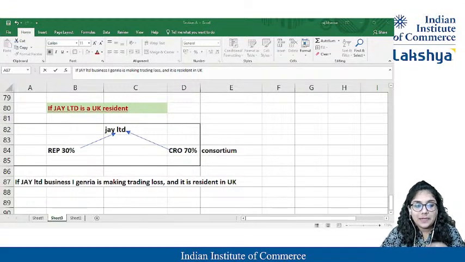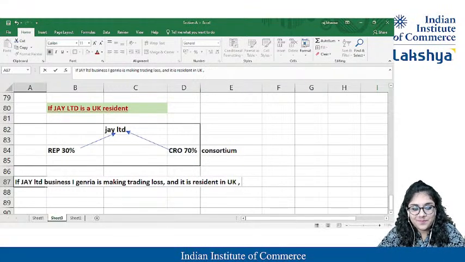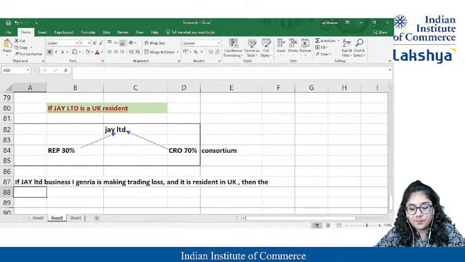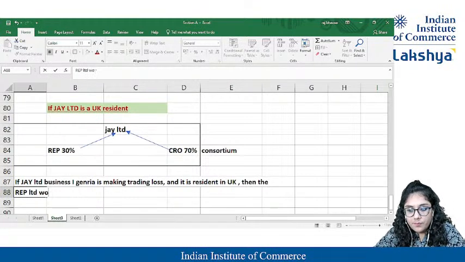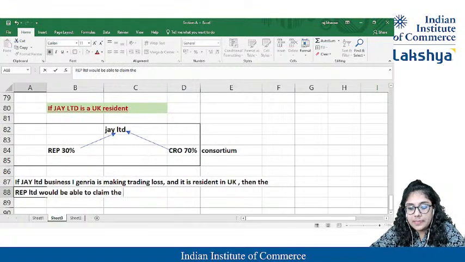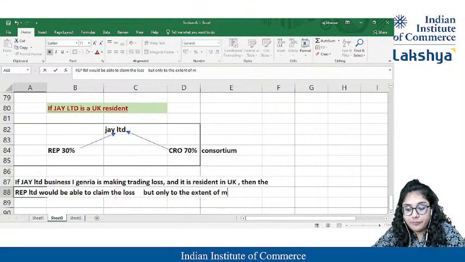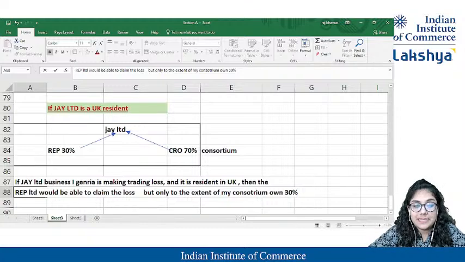Okay, so what I can write: then the REP Limited will be able to claim the losses, but only to the extent of my consortium own 30% only.